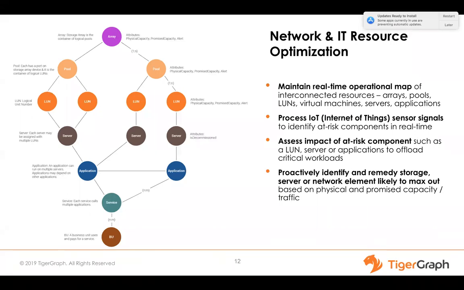And we can identify the network elements which are likely to max out based on the physical and promised capacity and traffic. And we can take proactive remediation actions and measures to help you avoid problems in your organizations.